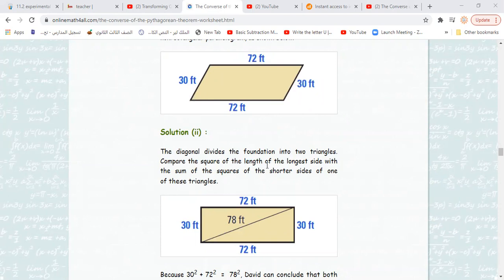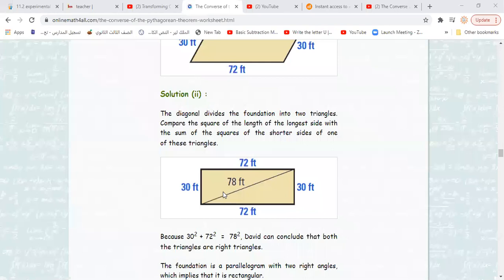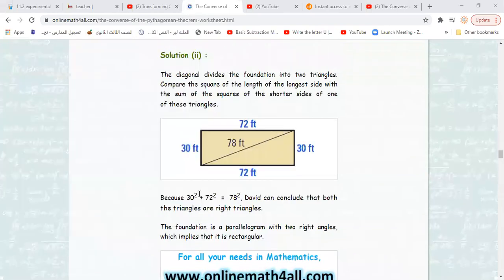Compare the square of the length of the longest side with the sum of squares of the shorter sides of one of these triangles. We will use 78 to the power of 2, and the other two sides, 30 squared plus 72 squared. Then David can conclude that both triangles are right triangles.